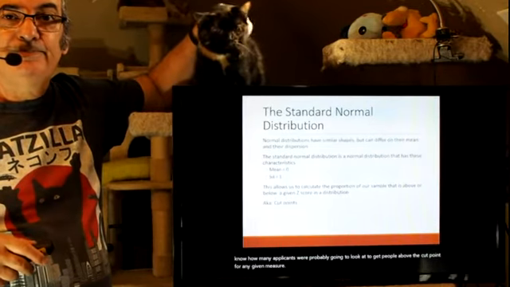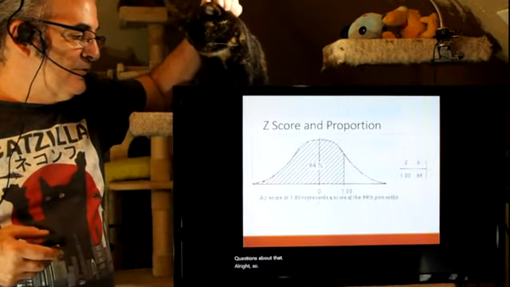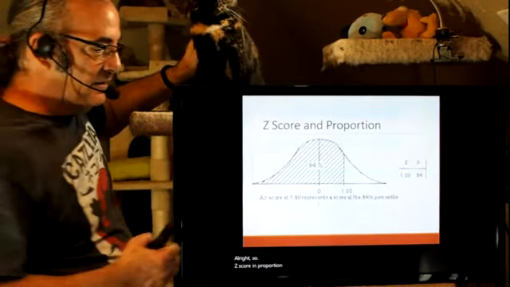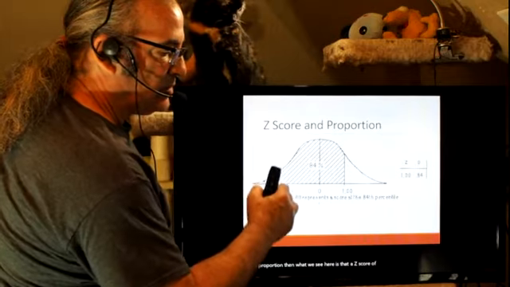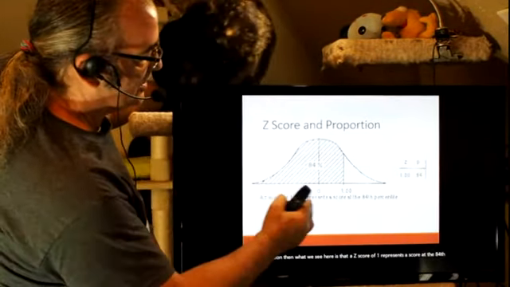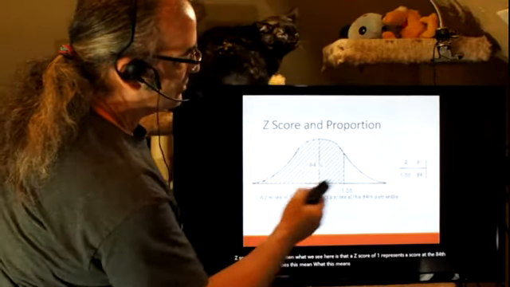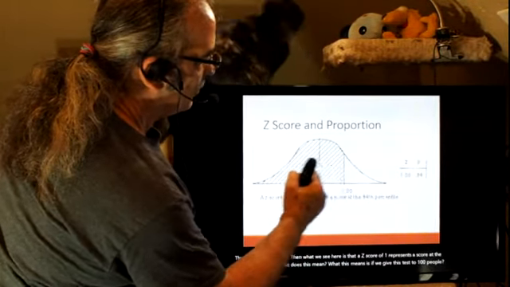Questions about that? All right, so z-score and proportion then. What we see here is that a z-score of 1 represents a score at the 84th percentile. So what does this mean? It means if we give this test to 100 people, then 84 of those people fall below 1.0.